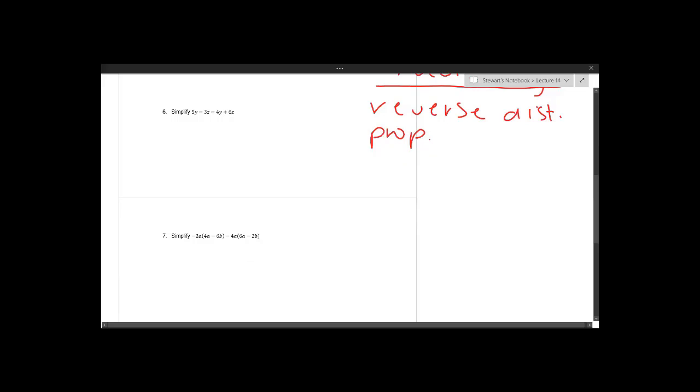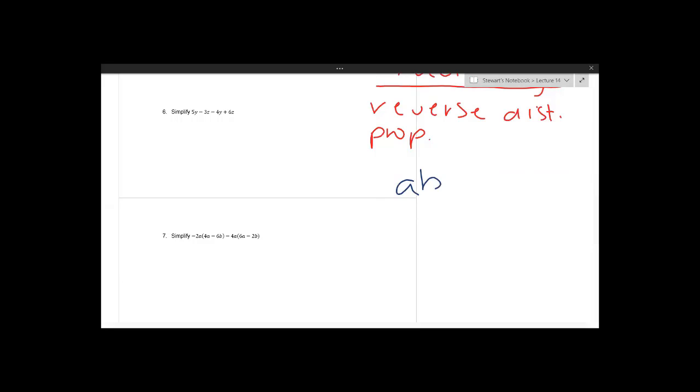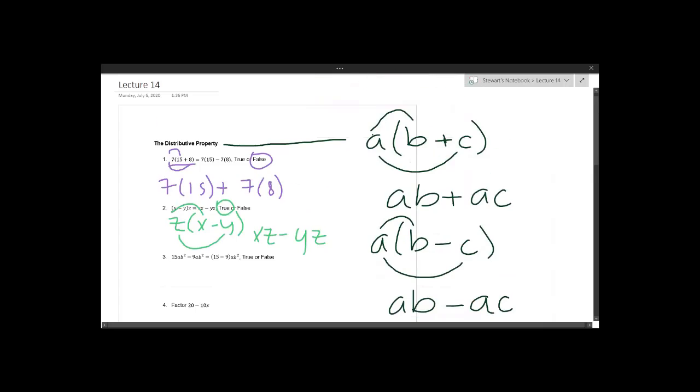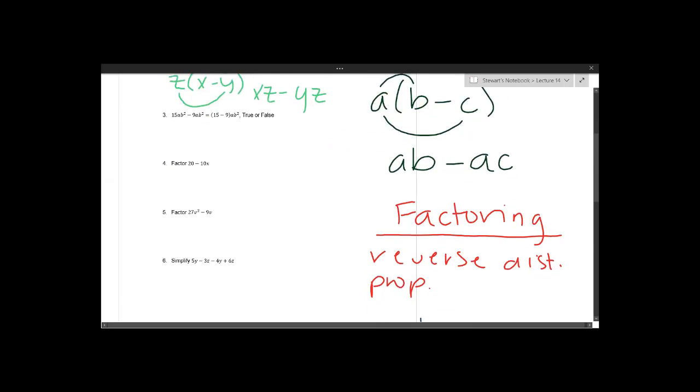So say you had ab plus ac, like we ended up with up here after we did the distributive property.